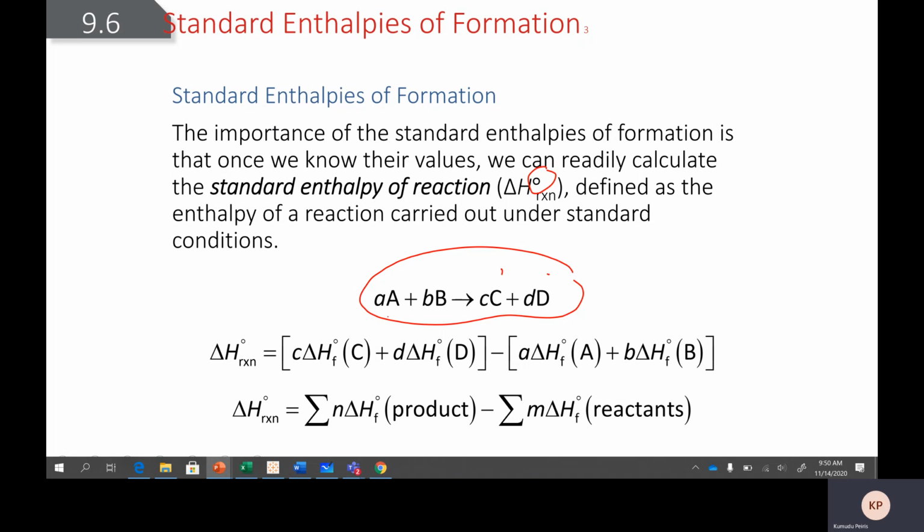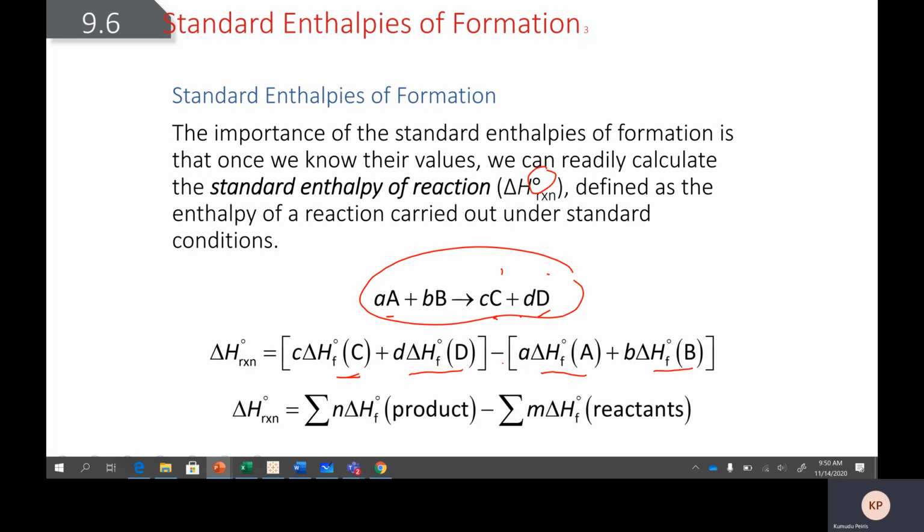So the standard enthalpy of the product C multiplied by its coefficient plus the standard enthalpy of D multiplied by its coefficient, the lowercase d, and minus, now we are adding the standard enthalpies of the reactants. The standard enthalpy of A multiplied by its coefficient a, standard formation enthalpy of B multiplied by its coefficient.